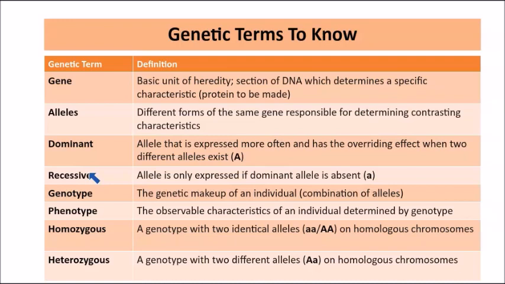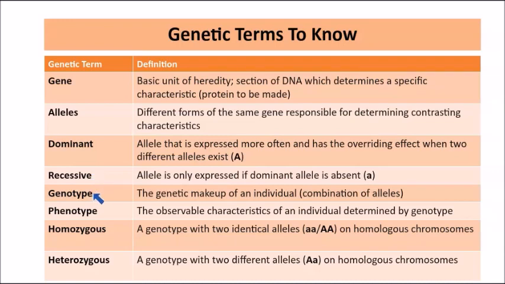So it's really the dominant allele that has the power if it is combined with a recessive allele. So dominant is overpowering, and recessive is the one that would only be expressed as long as the dominant allele is absent, and that is represented by the lowercase letter.